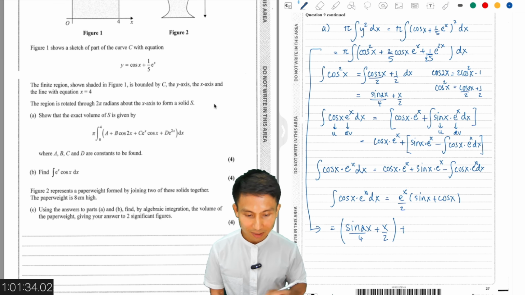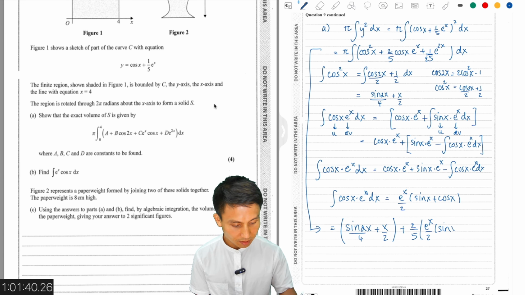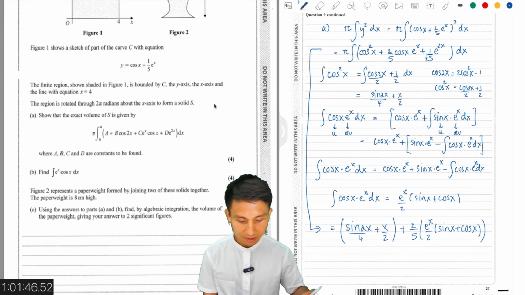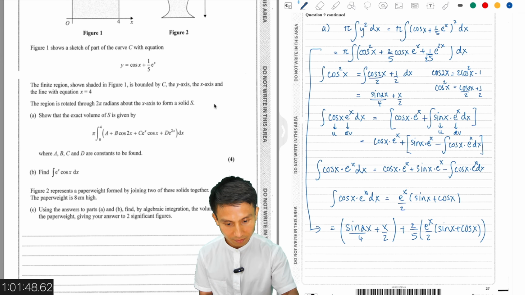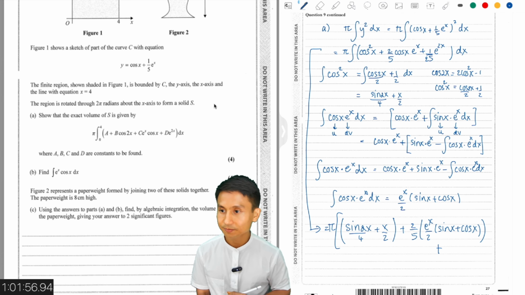For the second set, I remembered I have 2 over 5 as well, and then it's e to the x over 2 sine x plus cos x. And then the third term is just integrated easily. Wait, hang on. I have a pi in front of everything, right? Pi here.